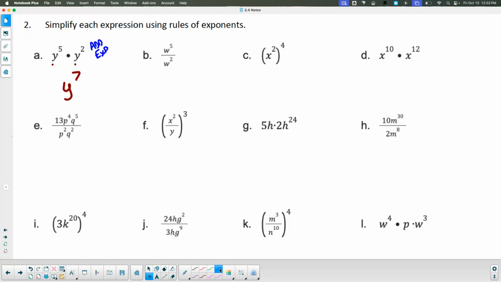When we are dividing same bases with powers, then we are going to subtract exponents, top minus bottom, always. So this would be w cubed.